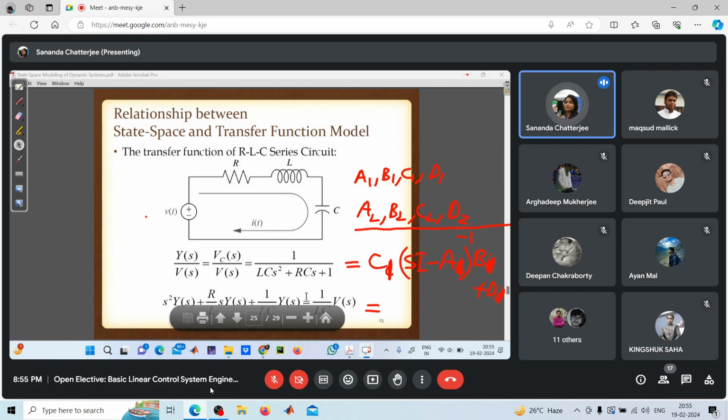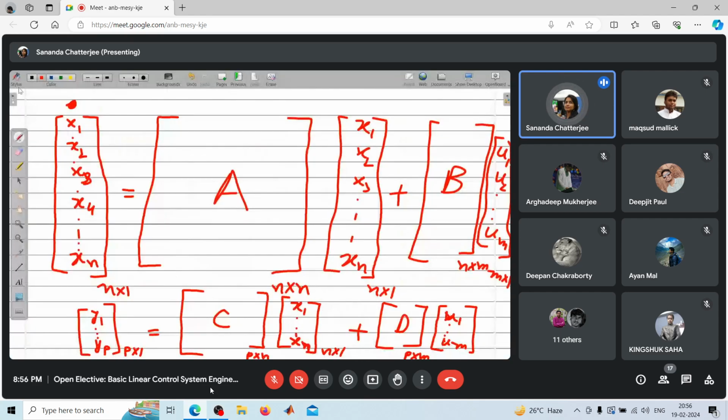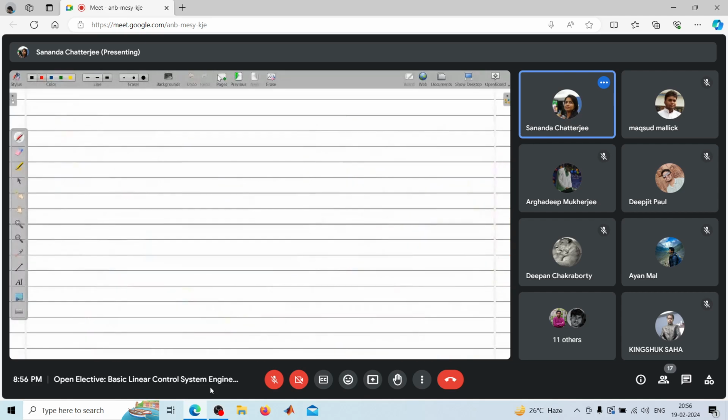Okay, so people who are good at matrix algebra can tell me why this is happening and why there will be an infinite number of options. Can anybody tell me? Can you think about it at least? Say, actually the new state, we are talking about a state vector with different choices of states.